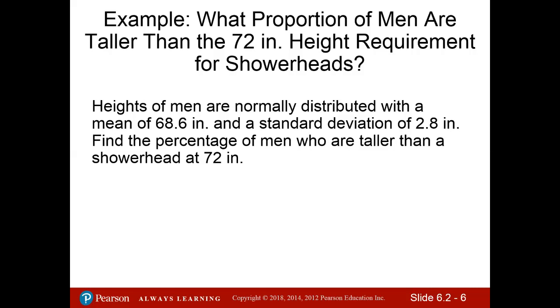To do that, we need to know the mean of this normally distributed population and the standard deviation. The mean is 68.6 inches and the standard deviation is 2.8 inches respectively. So we want to find that percentage.